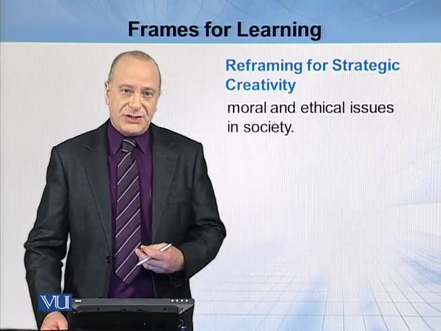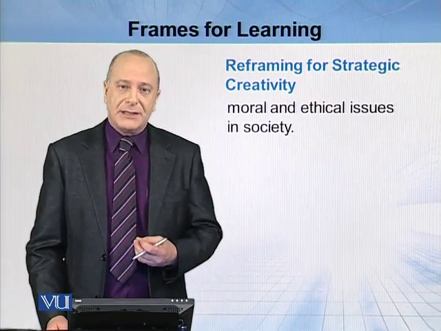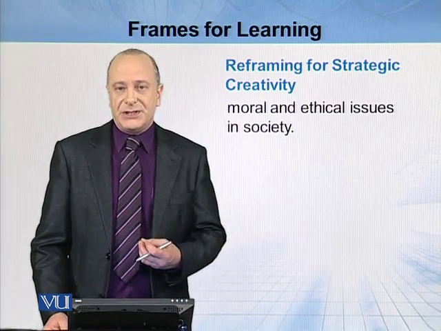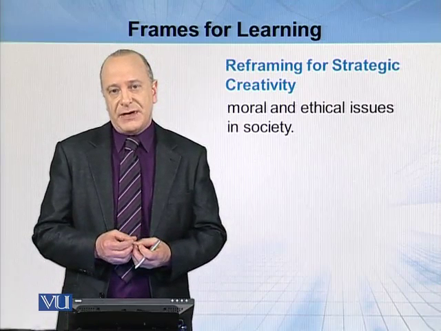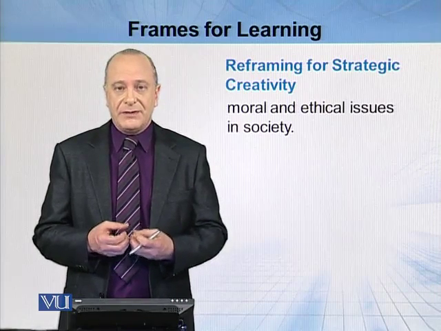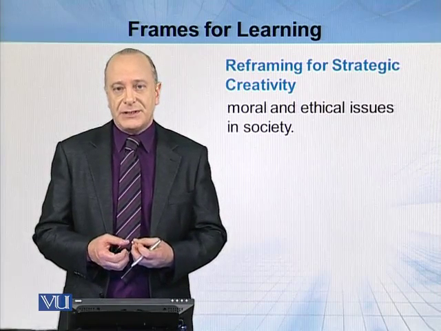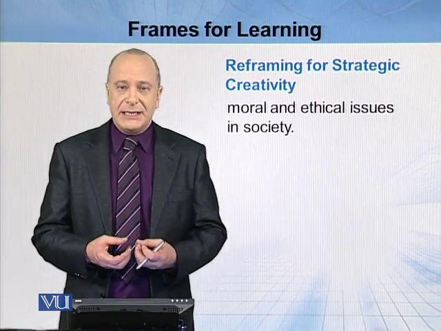And essentially, taxonomies will look at aspects of teaching and aspects of knowing, but within a contextual frame. And that contextual frame can be the moral and the ethical considerations that the teacher has to confront in the classroom.